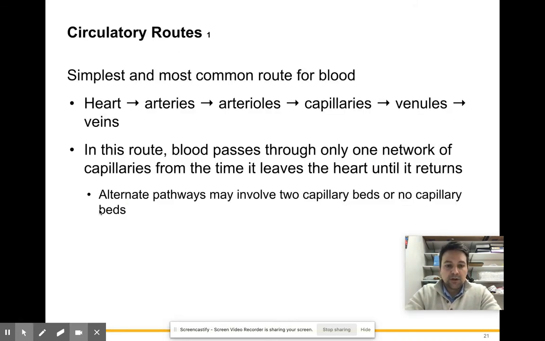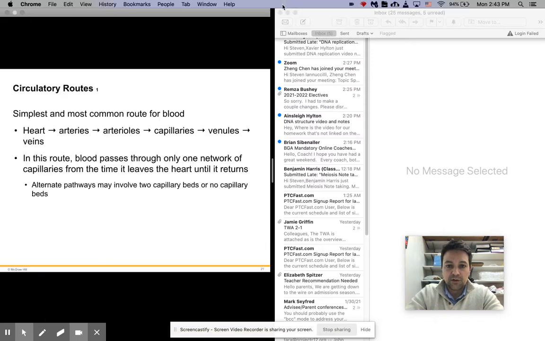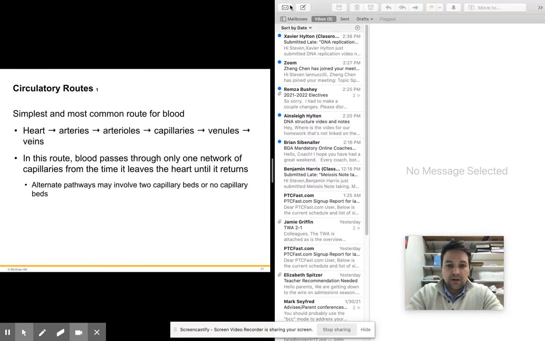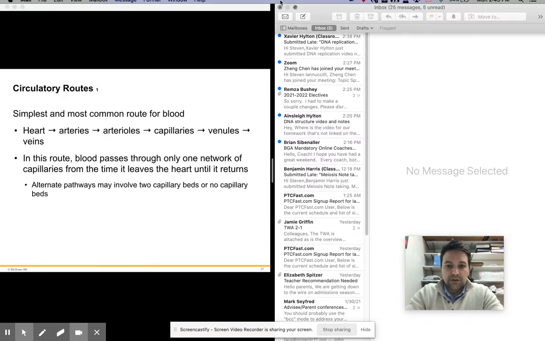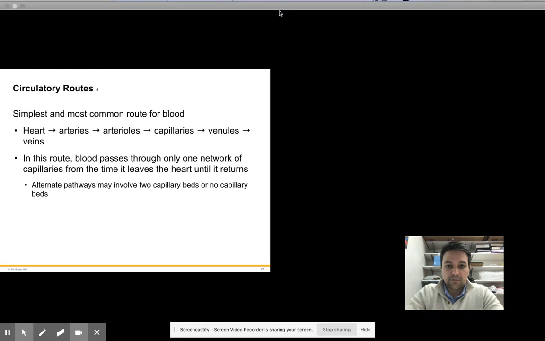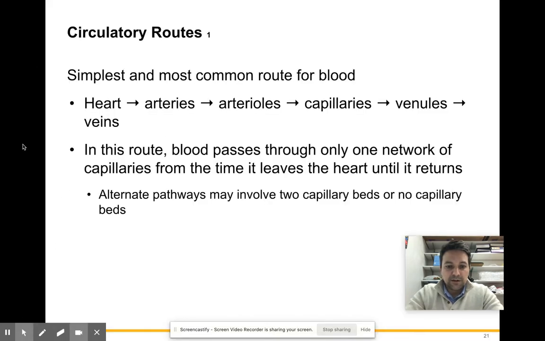So that's all we're going to cover as far as the types of arteries, types of veins, what they do, and where they're located. Now what we're going to do is go through all the veins and arteries that I want you to know. Sorry about that. Basically, I would like you to know only the ones that I tell you to know.